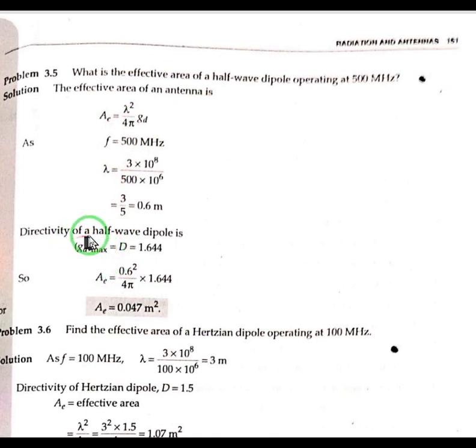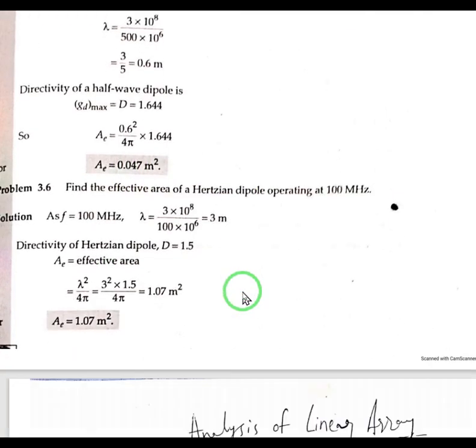In the last question we derived the GD for half-wave dipole, which is 1.644. We put all of the values, including lambda, in the effective area formula and we got the effective area, that is 0.047 meter square.